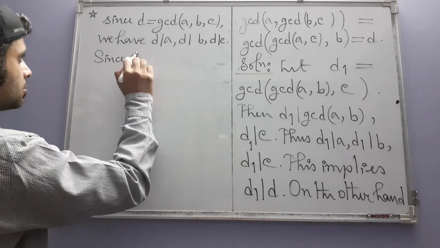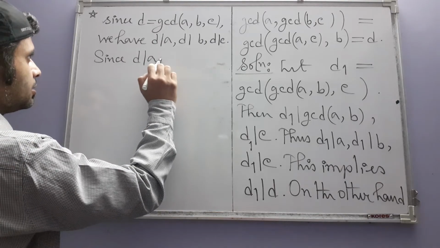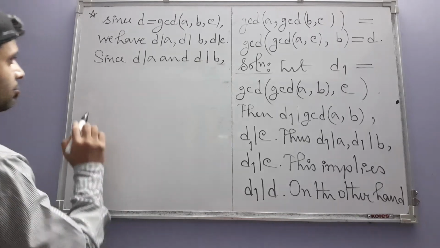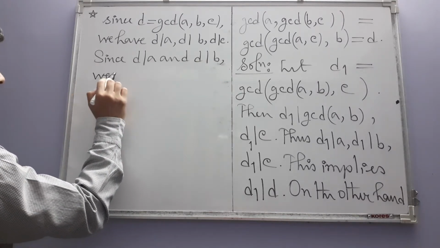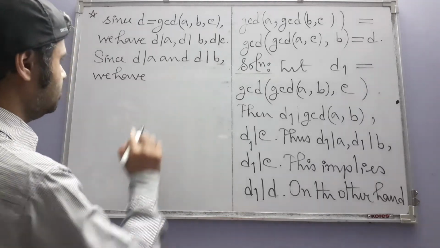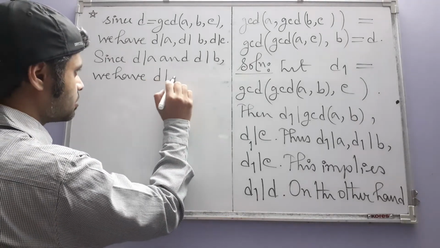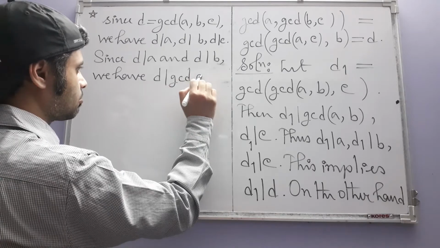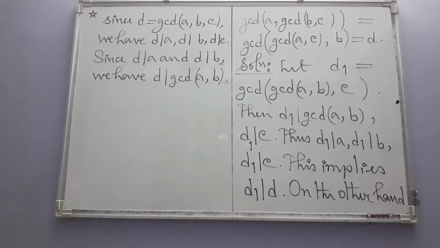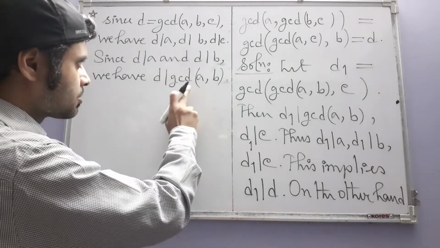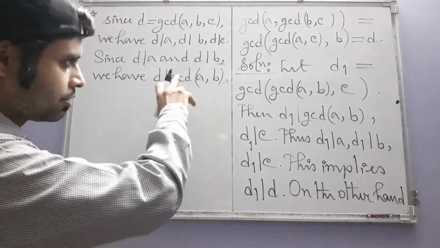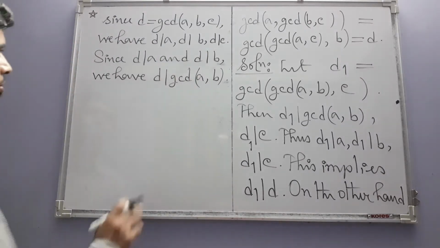Now since D divides A and D divides B, we have, by the definition of the GCD of A and B, we have this. And we know that their GCD exists because both of them are not simultaneously zero. So that condition is used here also.